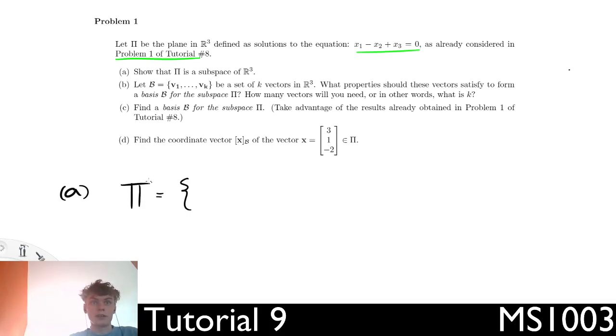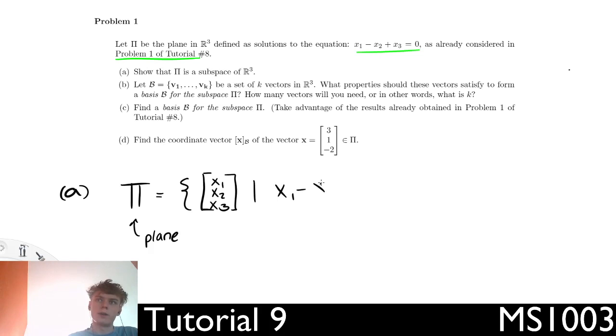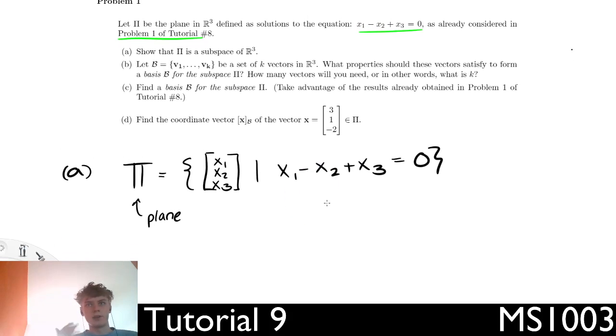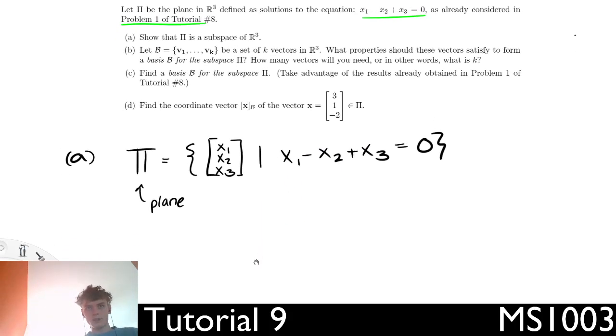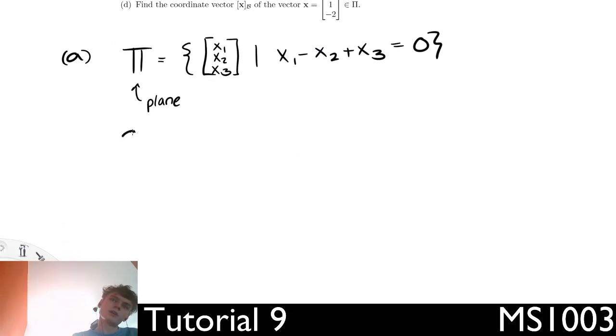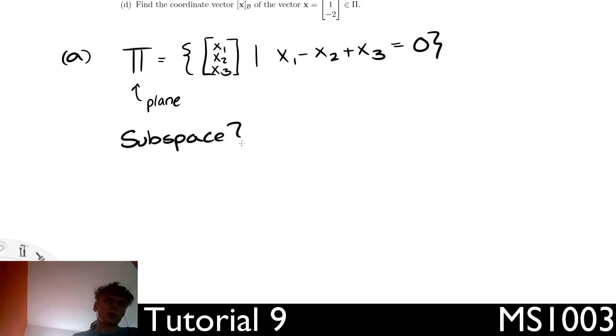Specifically, the plane P is the set of all x1, x2, and x3 such that x1 minus x2 plus x3 is equal to 0. This is how we write it strictly. And we want to show this is a subspace. So the question is, subspace?